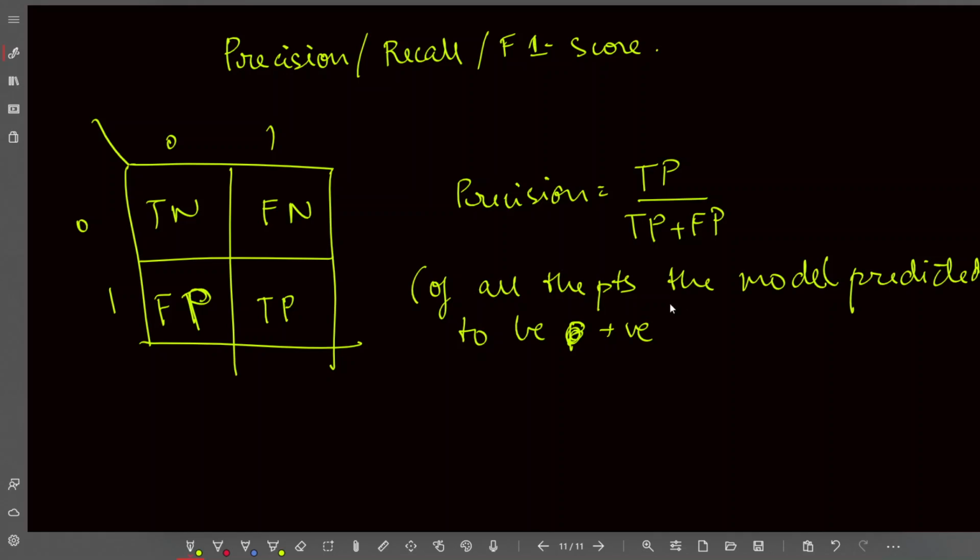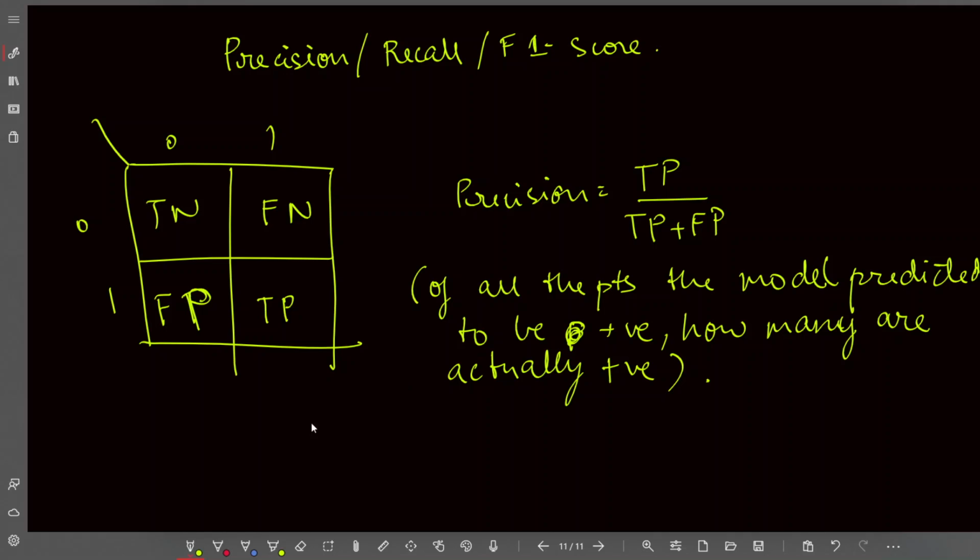So of all the points that the model predicted to be positive, how many are actually positive? It's basically telling you, of all the points that were correctly or incorrectly predicted as the positive class, we want the total number of points that were actually predicted correctly.